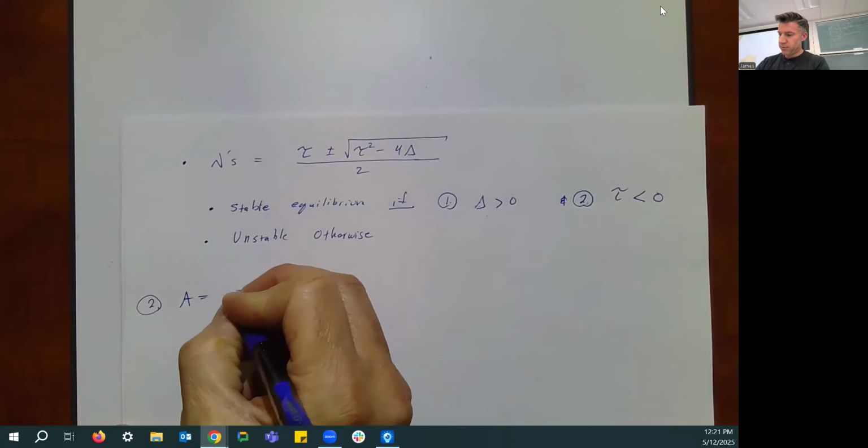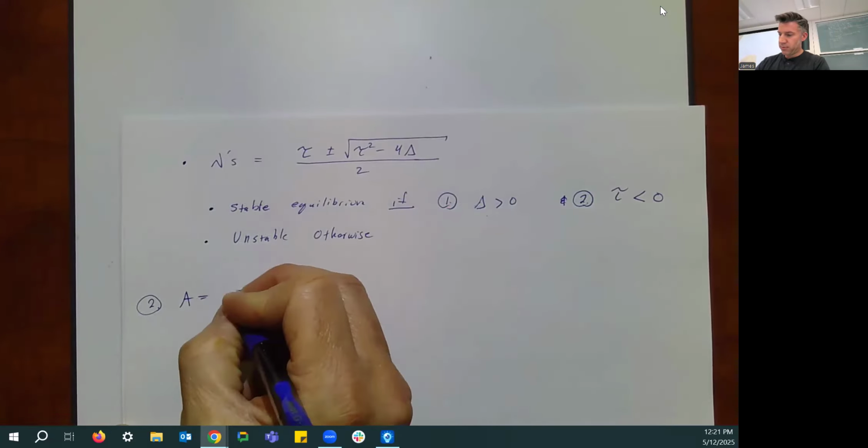So let's say we're going to look at this non-homogeneous linear system of differential equations. So here are our first two differential equations.